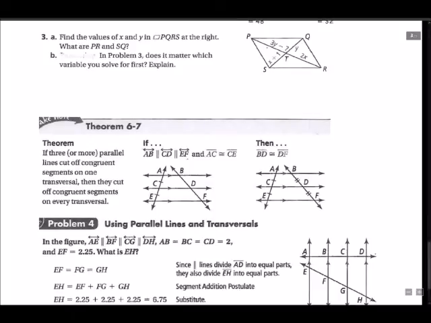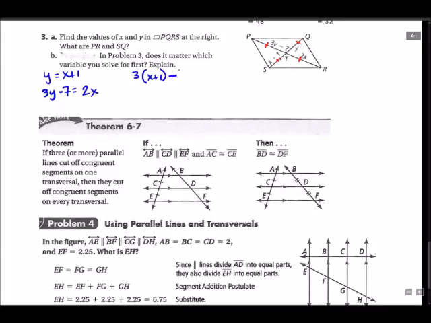We know we have a parallelogram, so those are congruent. Gives us 2 equations, y equals x plus 1 and 3y minus 7 equals 2x. I know a y, so I'm simply going to substitute in 3 times x plus 1.